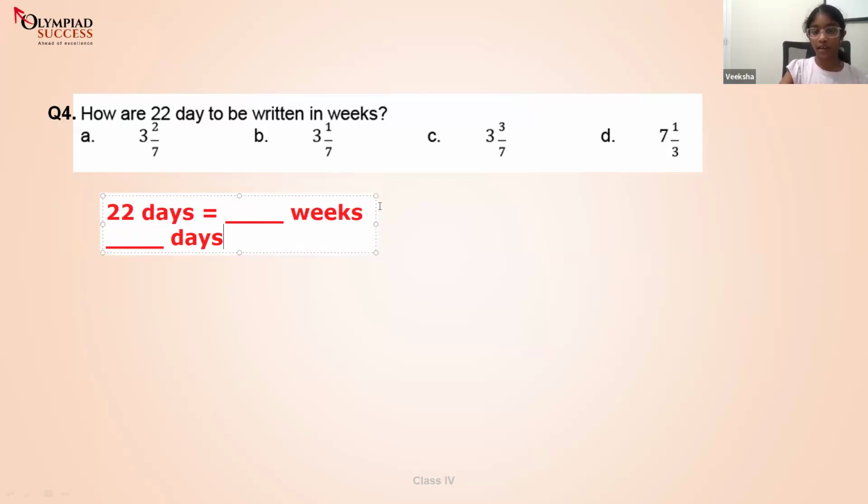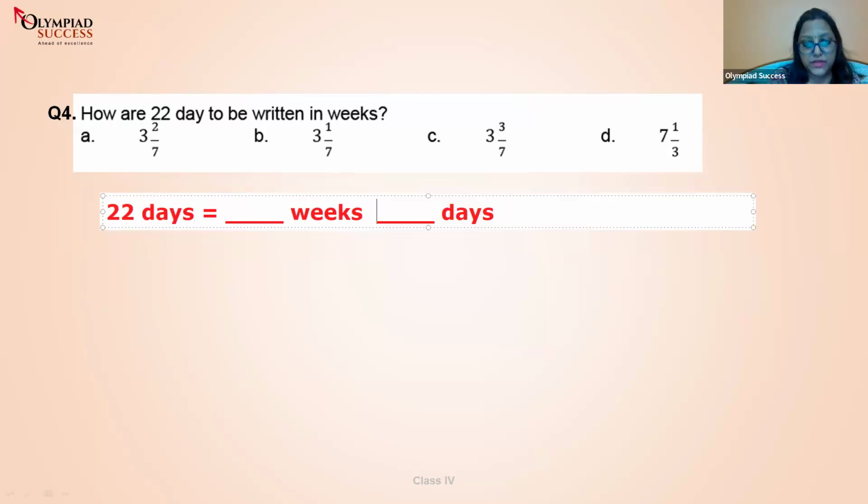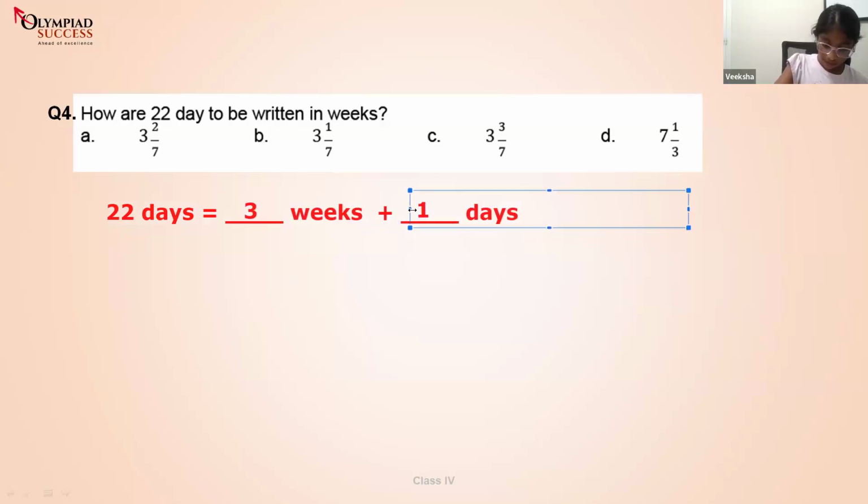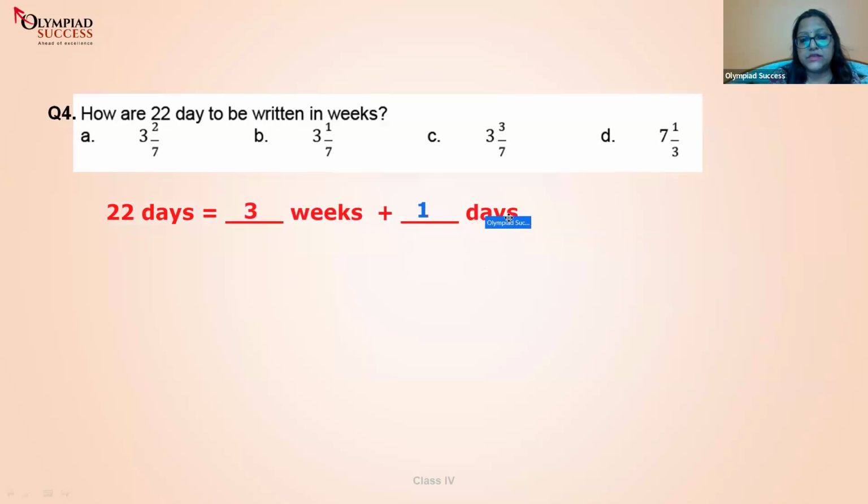I think it's B. Yes, that's correct. So we have 3 weeks over here, correct? So we would be writing 3 weeks. 3 sevens are 21, and you are left with only 1 day. Okay? So 3 weeks plus 1 day, that means over here, what you will be doing? You can write it down as 3 1 by 7.